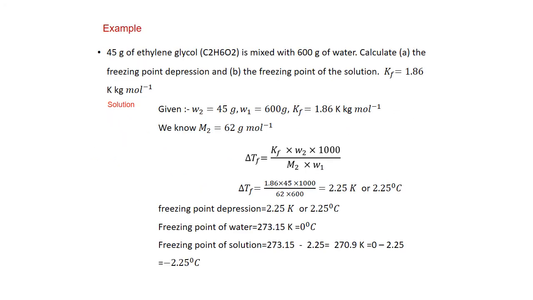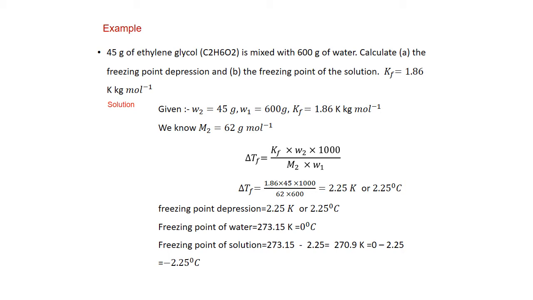Example, it is based on the freezing point depression. 45 gram ethylene glycol is dissolved in 600 gram of water. Calculate the freezing point depression and freezing point of the solution. Kf is equal to 1.86. So placing these values, first using the formula delta Tf is equal to Kf W2 1000 divided by M2 into W1, we will find delta Tf.